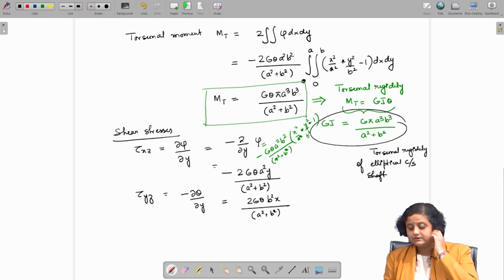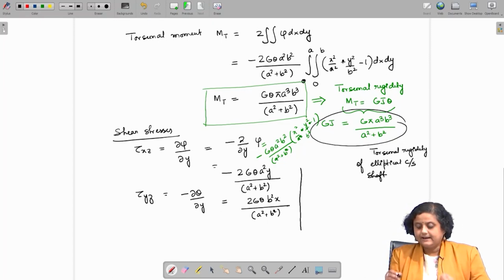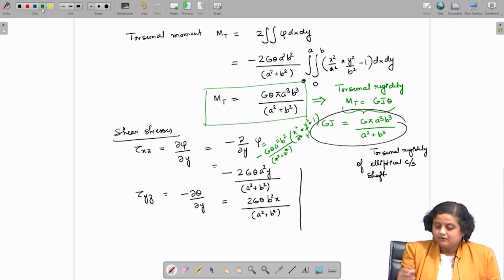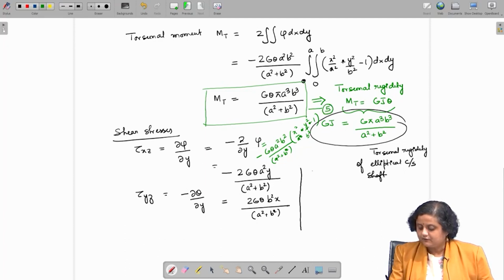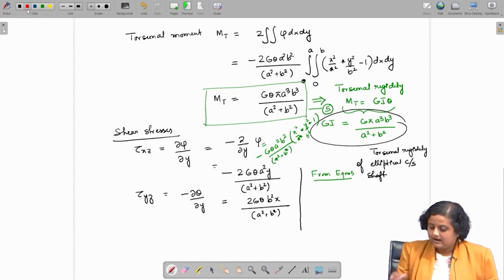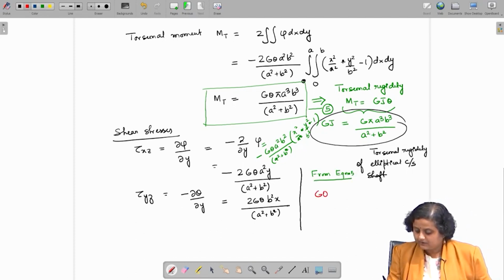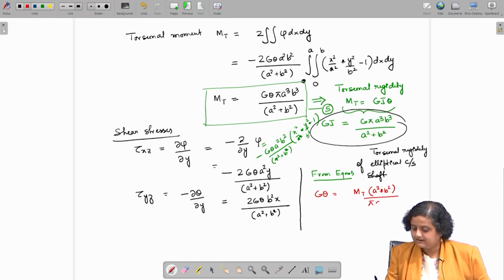Now, from equation 5, we can say that G theta can be written as Mt into a square plus b square by pi a cube b cube.